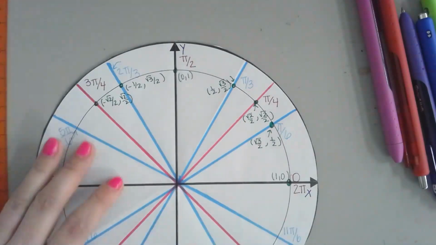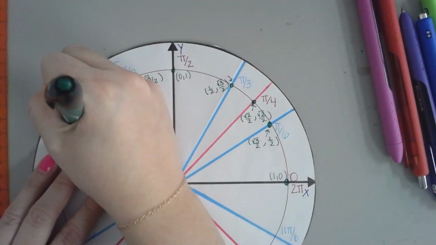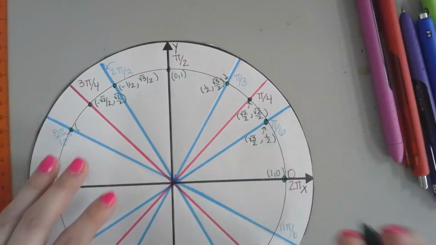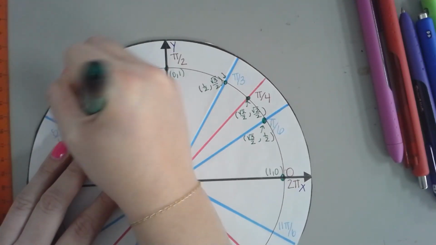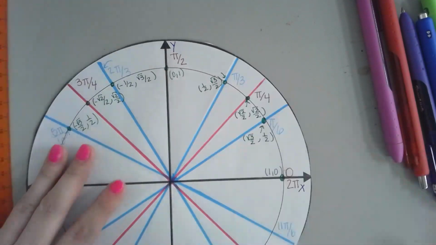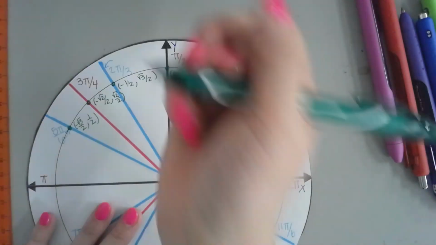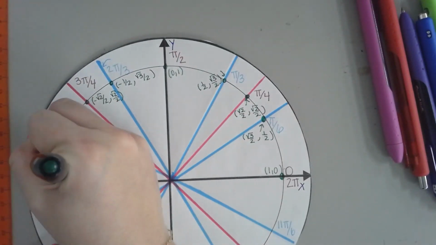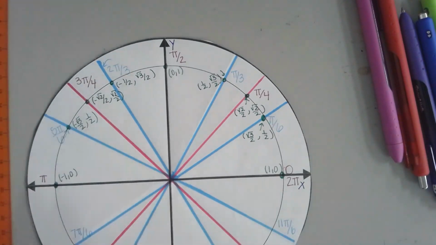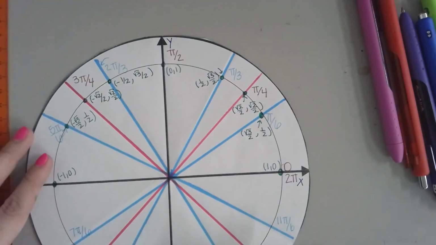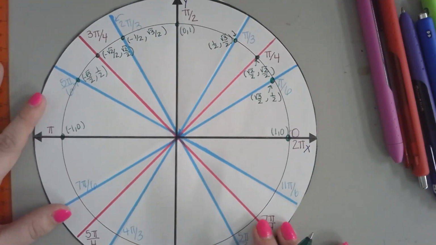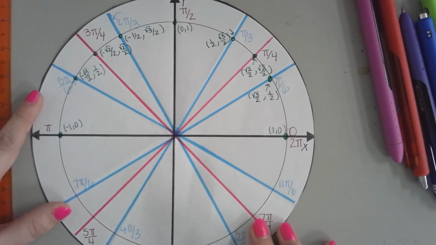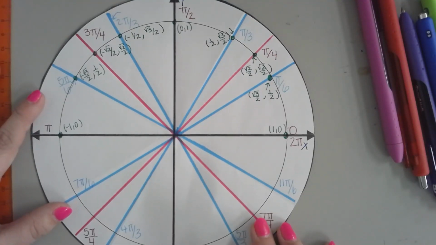Running out of room. If you don't like the way yours turned out, then I can give you a blank one.